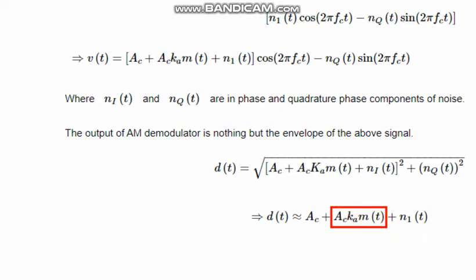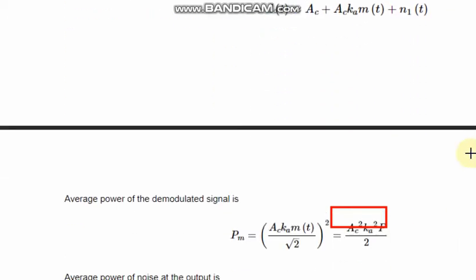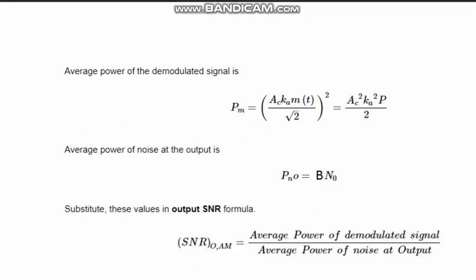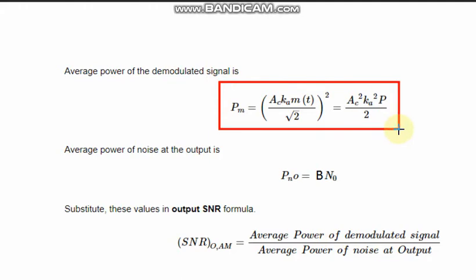Okay, so when you do this, do the mathematical calculation part by yourself. Then the output stage will have the average power of the demodulated signal as Ac squared K squared P by 2. Just solve it.